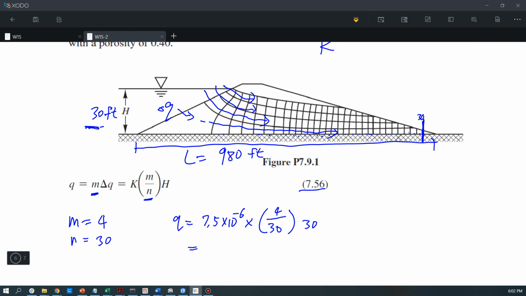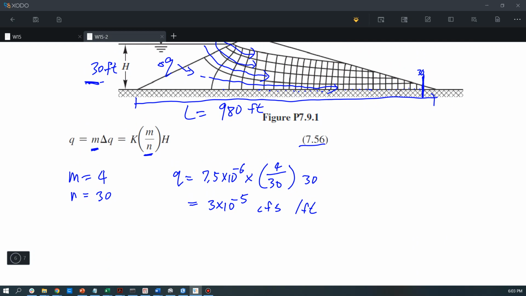And this gives us the number 3 times 10 to the power of -5 CFS per feet.